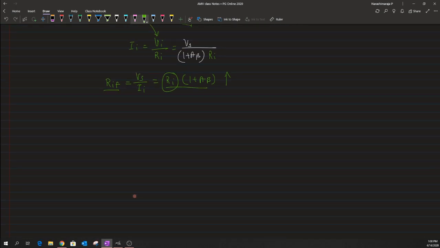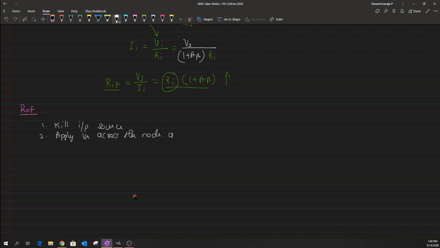So now let us look into the value of this ROF. We had already discussed that whenever we want to compute any output impedance, there are two things that we need to do. One is to kill the input source, right, and the second one is to apply Vx across the node at which we are trying to evaluate the impedance.